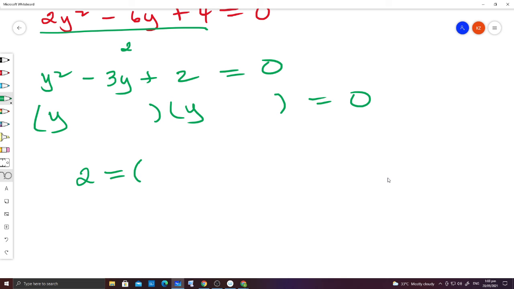What is the factor of 2? Negative 2 and? Negative 1. Negative 1. Okay. Thank you. So we are going to use negative 2 and negative 1. Alright?